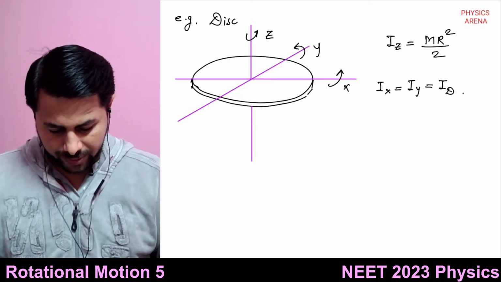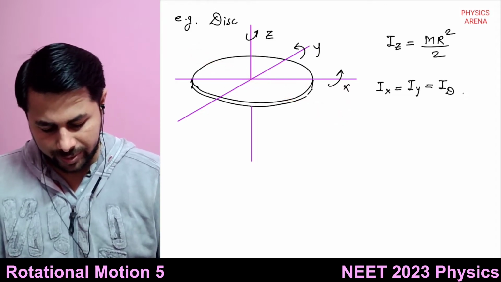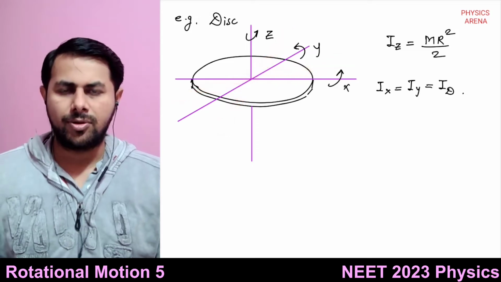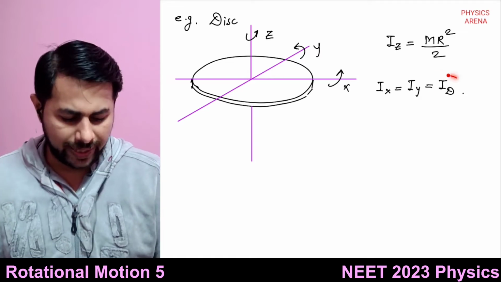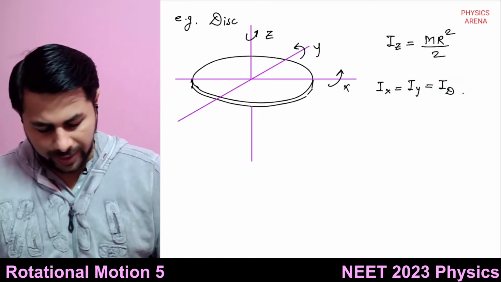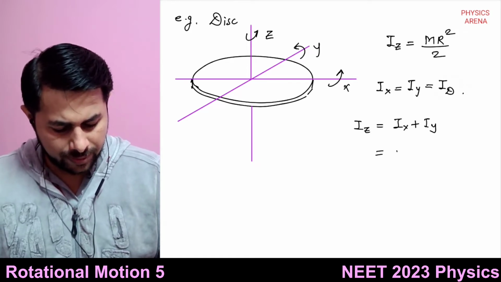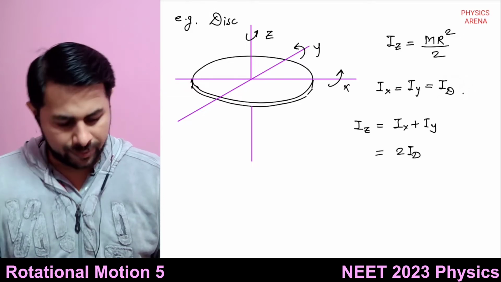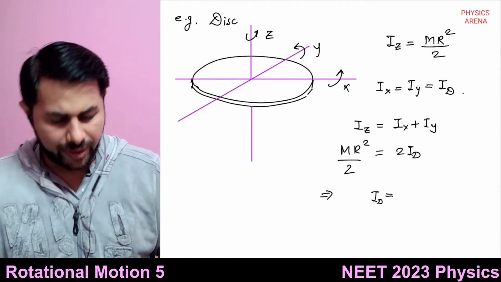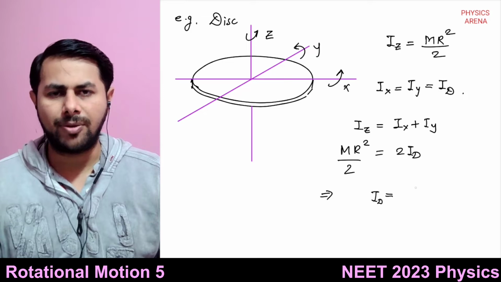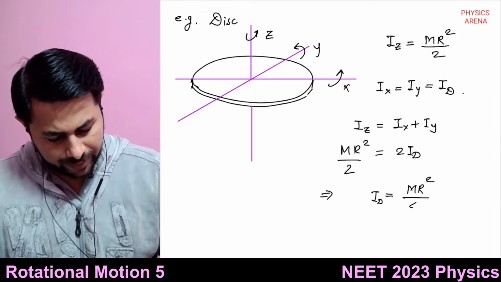If you take any diameter, anywhere, the moment of inertia about all diameters will be equal, right? So here we can say 2 times Id, because Iz is equal to Ix plus Iy, that is 2 times Id, equal to mr square upon 2. Therefore Id for a disk is mr square divided by 4, if you take that 2 to the other side. So it is mr square divided by 4.